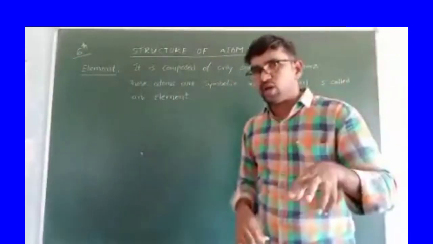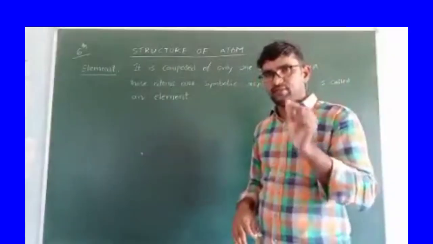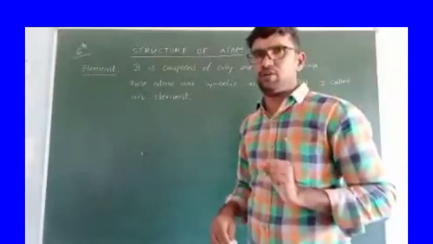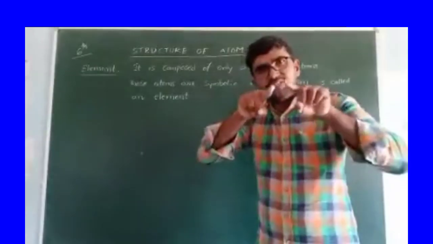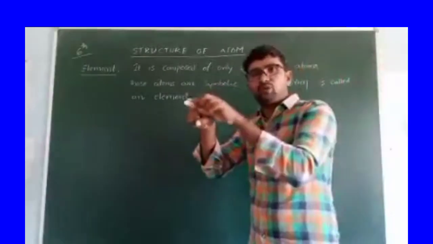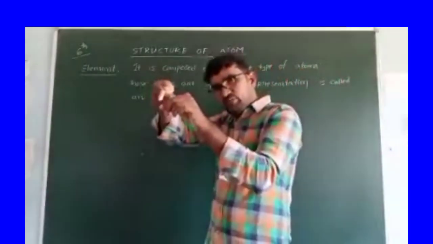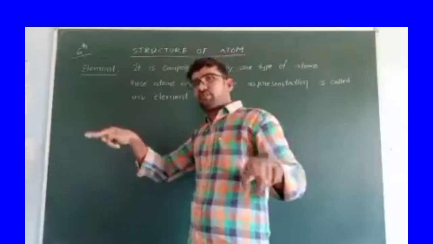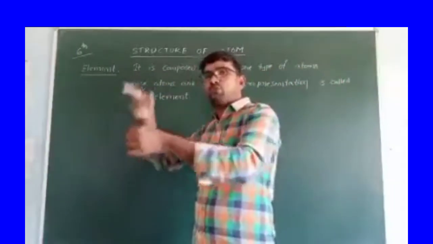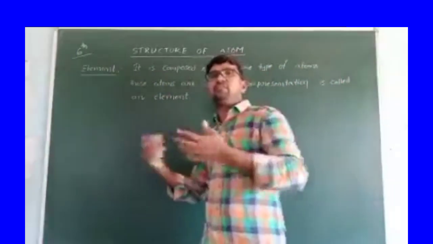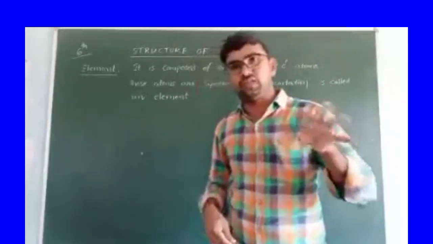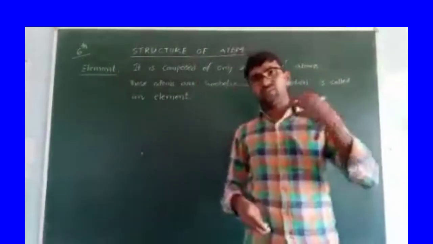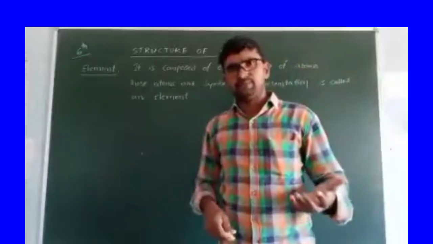Now from that iron rod, if you take a small piece that is cut with a blade, it is divided into two parts. Now take only one piece and again try to cut it with a blade. It is divided again. However many times you cut with the blade, finally there is no chance of cutting further.